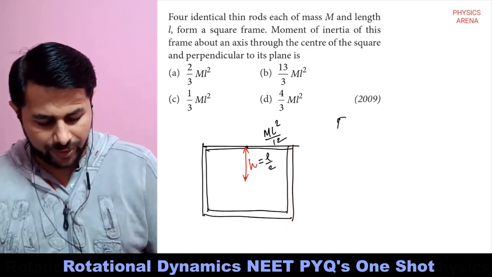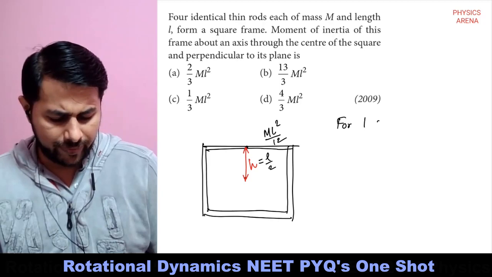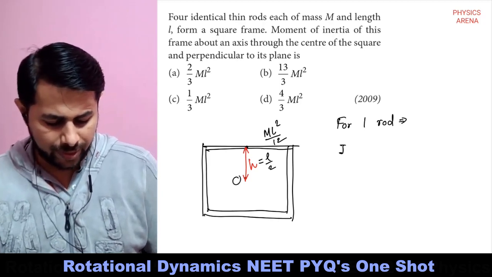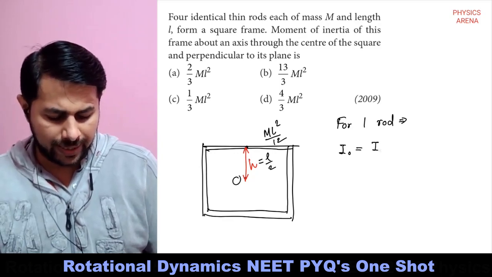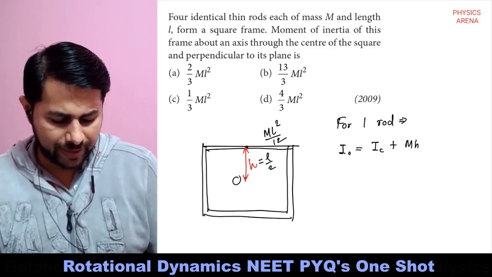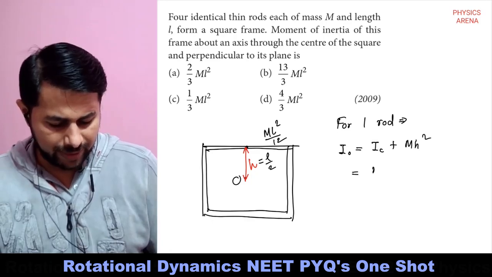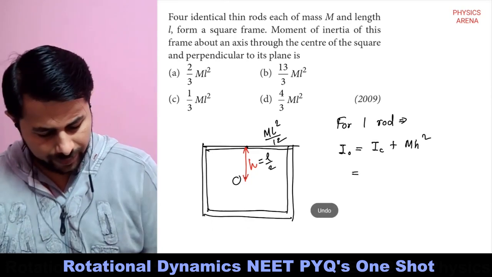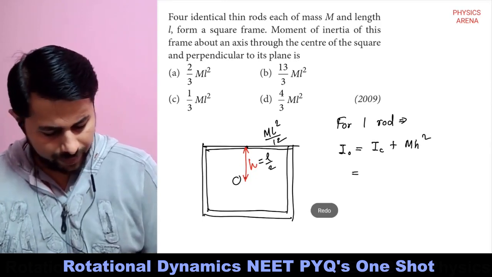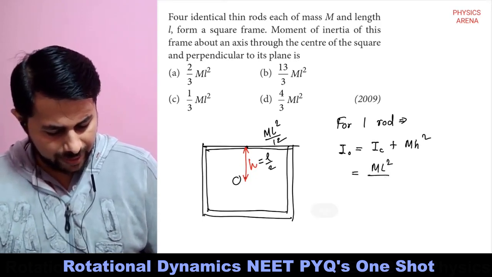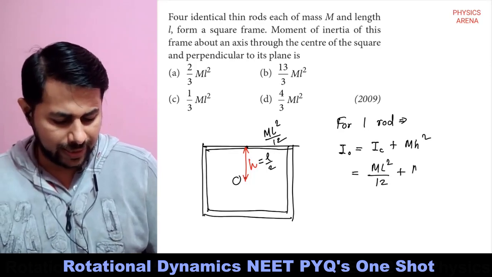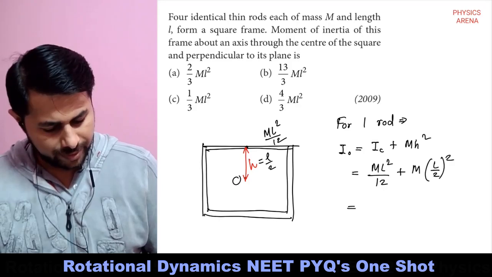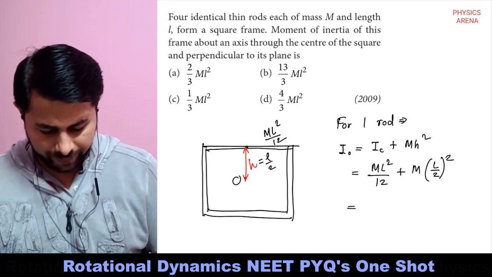So for one rod in the frame, let's call this point O. IO is equal to IC plus Mh square, where M is capital M. So ML square upon 12 plus M multiplied by (L by 2) square, which is ML square upon 4.